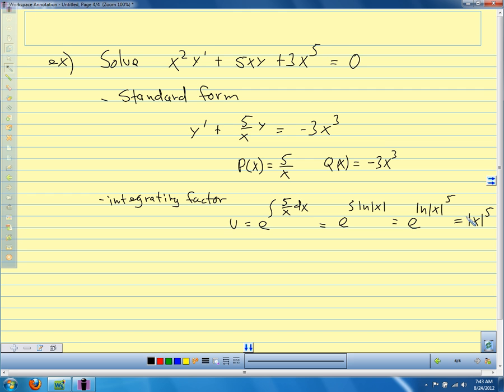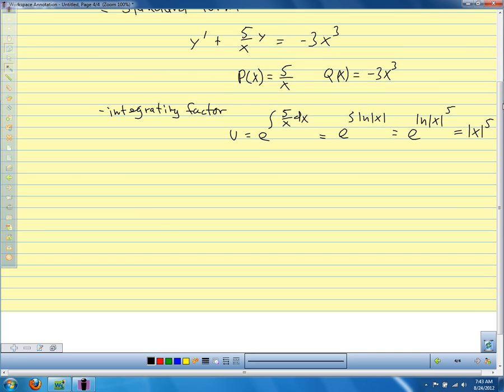I'm just changing the sign on every term, so that doesn't change anything. I could then multiply through by -1 and I'd be back to my original equation. So it doesn't really matter if I multiply by absolute value of x to the fifth or just x to the fifth, because we're multiplying every term. So I'm just going to multiply through by x to the fifth. Doesn't matter if x is positive or negative, I end up with the same thing.